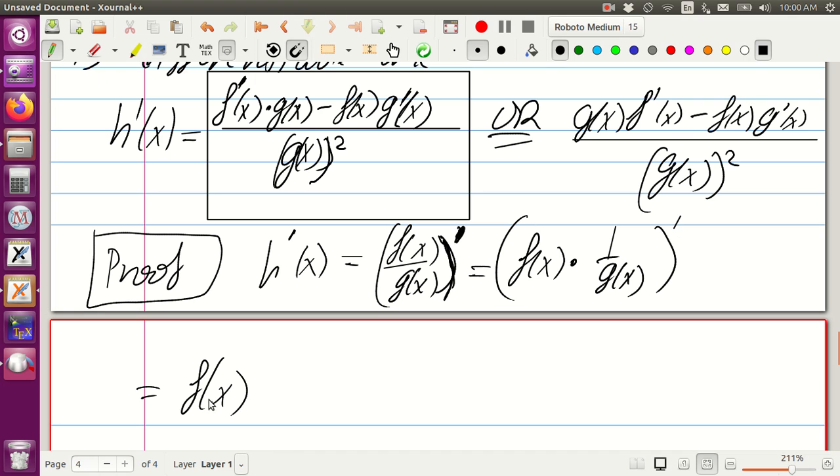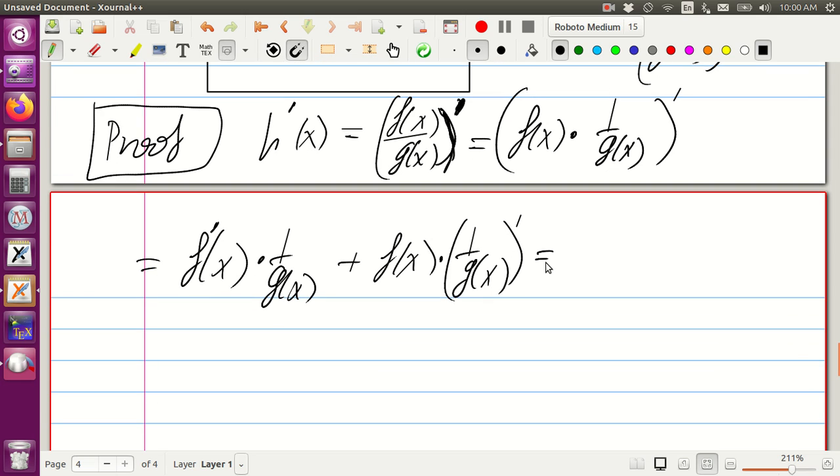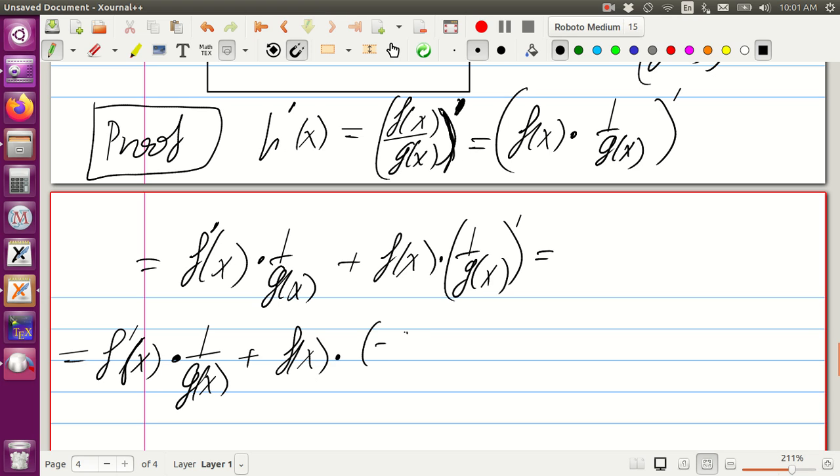So it's the derivative of the first function times the second function plus the first function times the derivative of the second function. So we wrote it up. And then we just need to calculate the derivative over here. So we're going to get f prime of x times 1 over g of x plus f of x times negative g prime of x divided by g of x quantity squared.